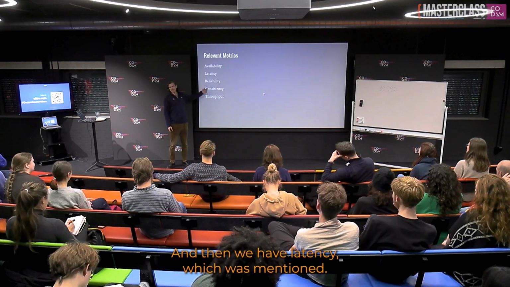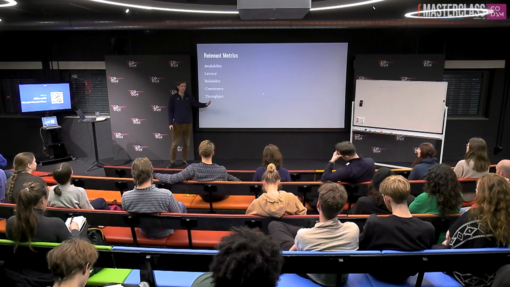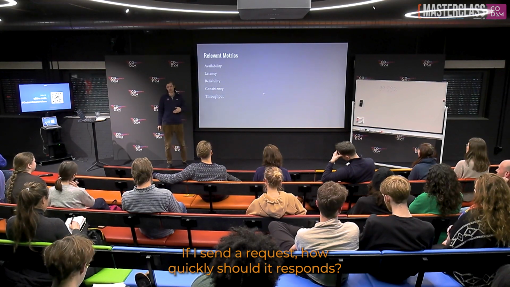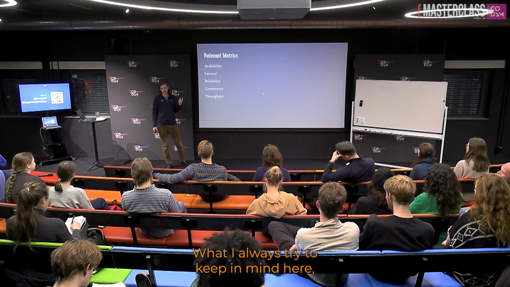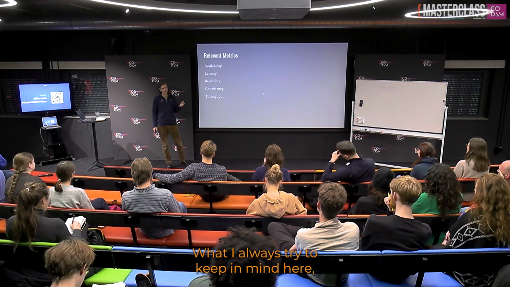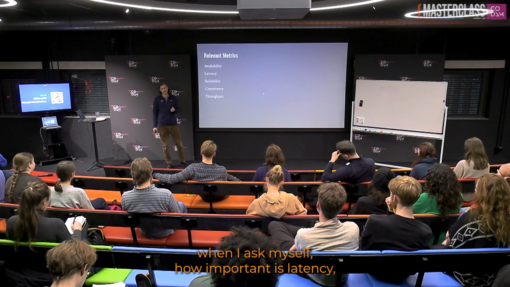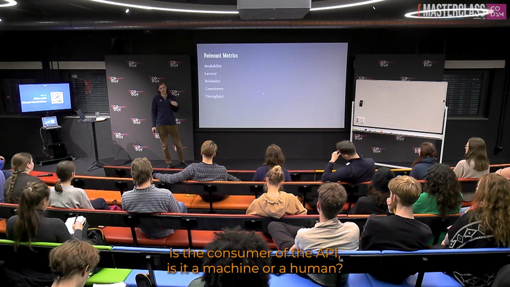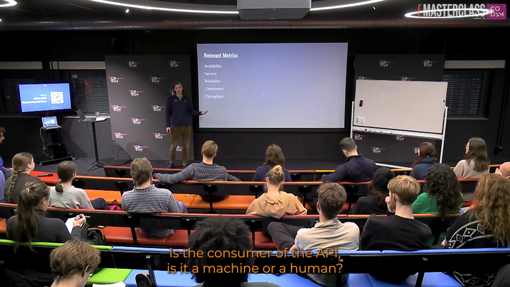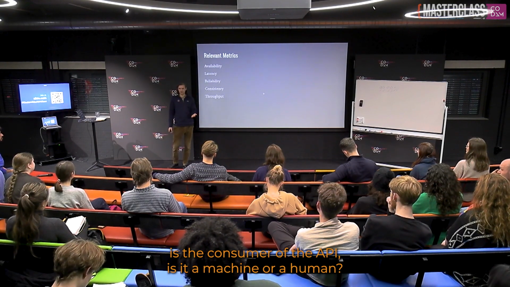And then we have latency, which was mentioned, right? If I send a request, how quickly should it respond? What I always try to keep in mind, when I ask myself how important latency is, is the consumer of the API: is it a machine or a human?